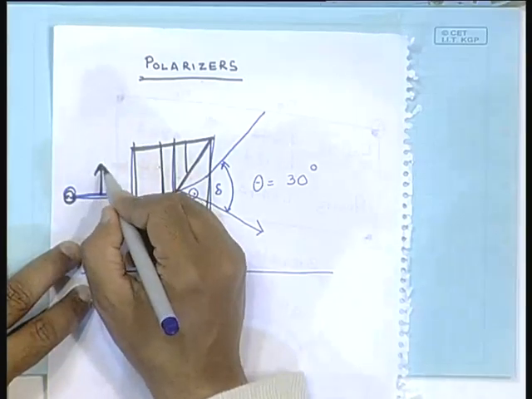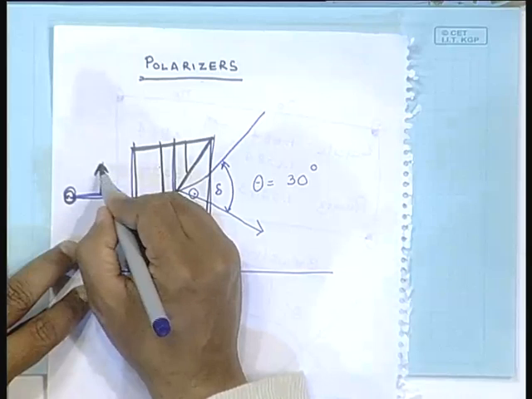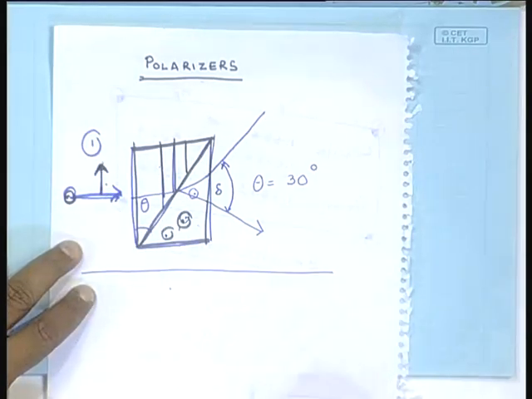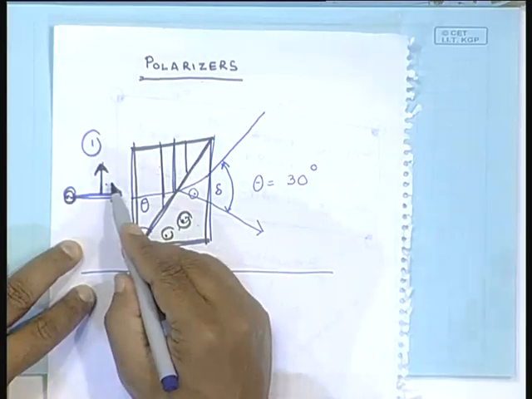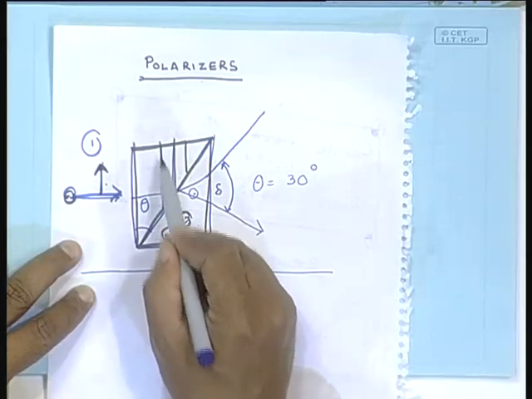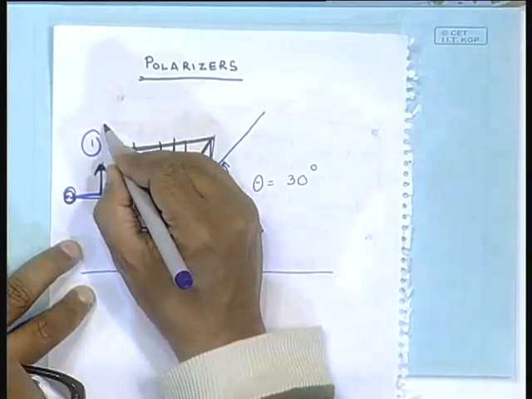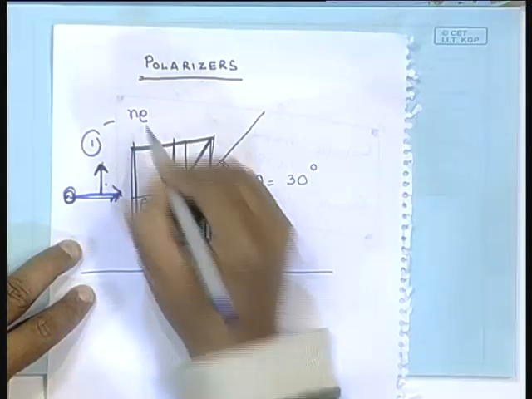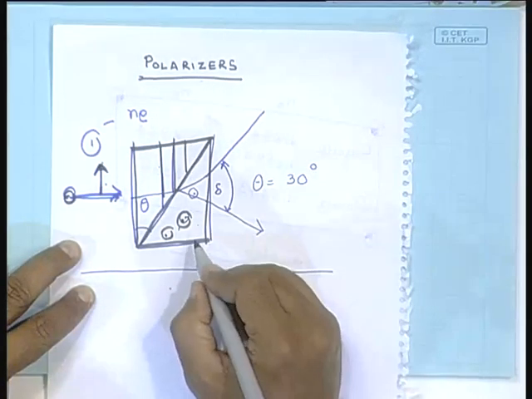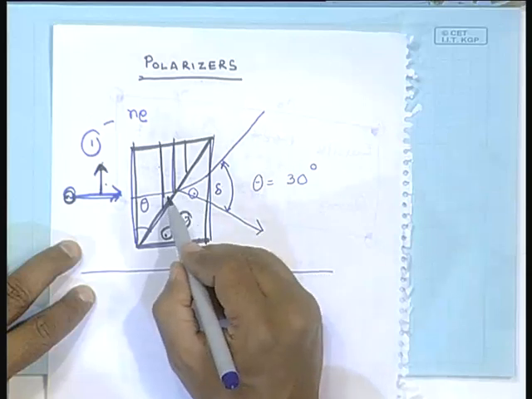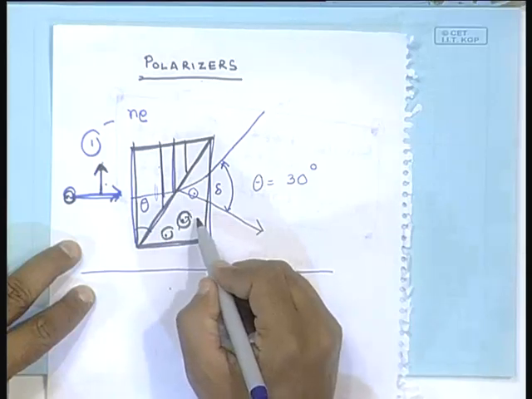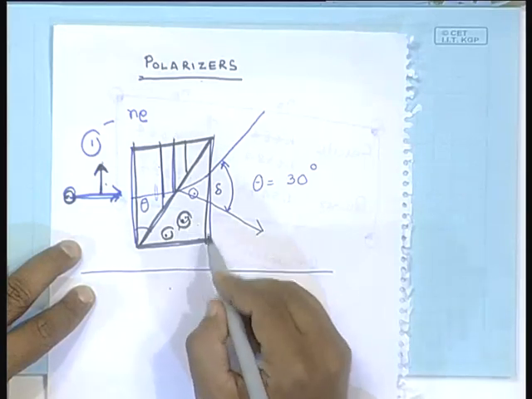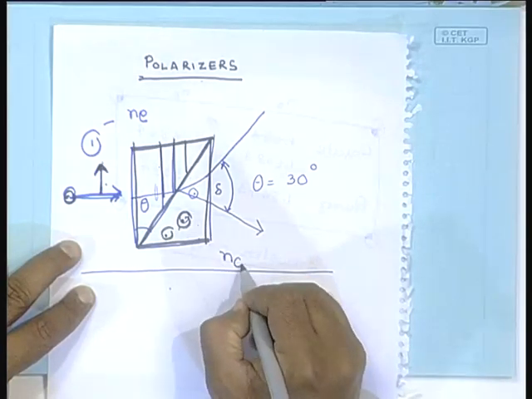For component 1, the electric field is parallel to the optical axis. So, for 1 in this prism, the refractive index is going to be NE, the extraordinary refractive index, and in this prism the electric field is in this direction. So, once it enters this prism, the electric field is going to be perpendicular to the optical axis, so it is going to experience NO.